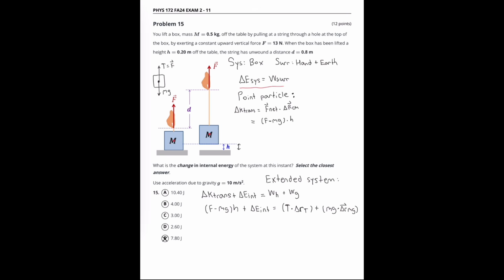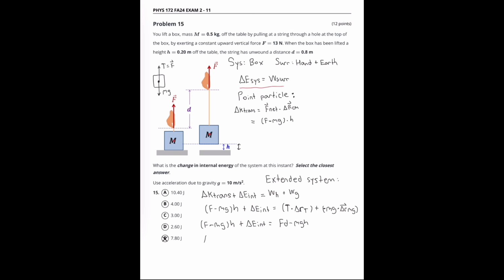So from that we have F minus mg times h plus change in internal energy is equal to Fd minus mgh, and this should be minus.